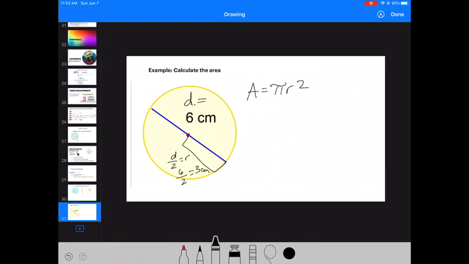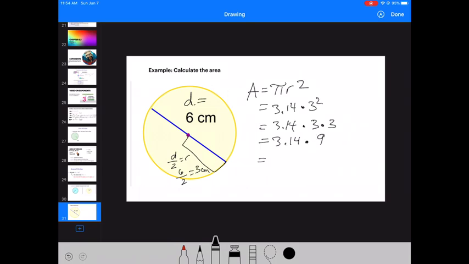Pi r squared. 3.14 multiplied by 3 squared, which is 3 times 3, if you were still a bit confused. I just want you to see how it's done in each step.